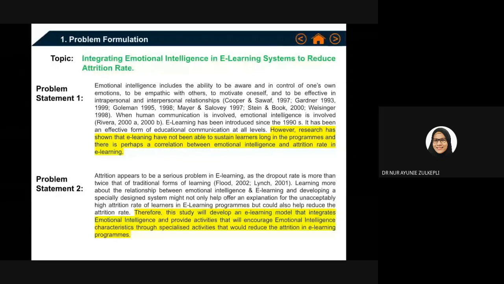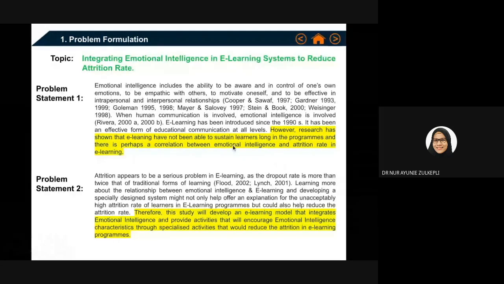Okay, this is one example. Let's say the topic here is integrating emotional intelligence in e-learning system to reduce attrition rate. In the first problem statement, we discuss about the emotional intelligence by looking at previous study by Koppe and Swawoff, Gardner, Coleman, and so on. And then the author comes with the problem statement sentence. However, research has shown that e-learning have not been able to sustain learners long in the program, and there is perhaps a correlation between emotional intelligence and attrition rate in e-learning.